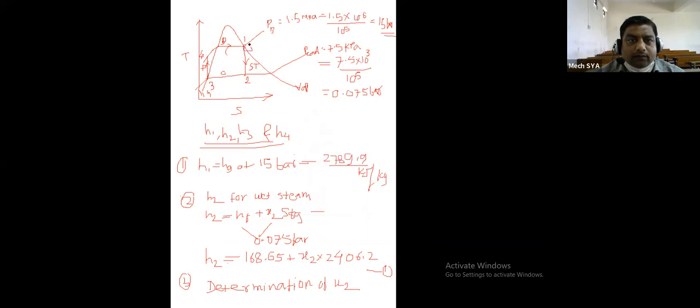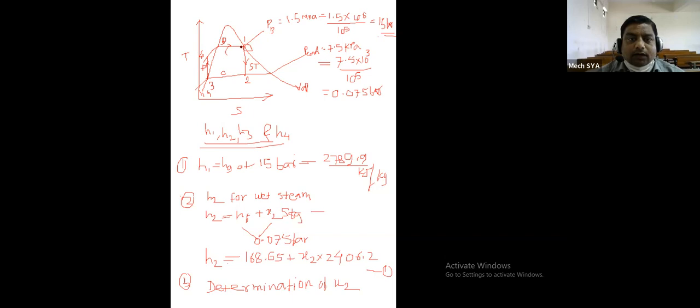Point number 1 is where dry saturated steam is supplied to the turbine. As the pressures in the steam table are in bar, 1.5 megapascal has to be converted into bar: 1.5 into 10 raised to 6 divided by 10 raised to 5 is equal to 15 bar.